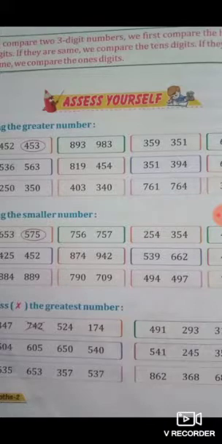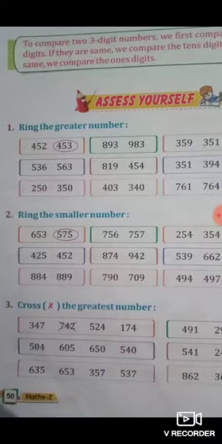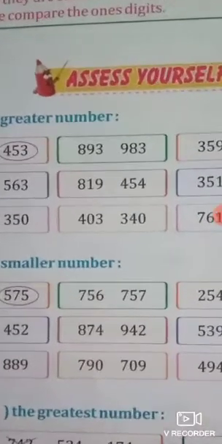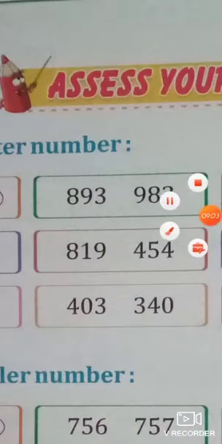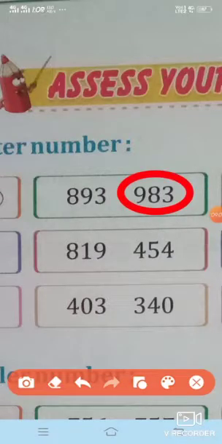Which one is the greater number? 983 is the greater number compared to 893, so we will ring 983. Okay, got it children? So we will ring 983.